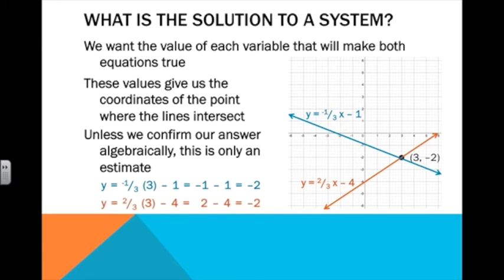In this case, x equals 3 and y equals -2 are the values that appear to make both equations true. Notice that if we substitute 3 for x into each equation, y equals negative 2 in both. This confirms that (3, -2) is our solution.